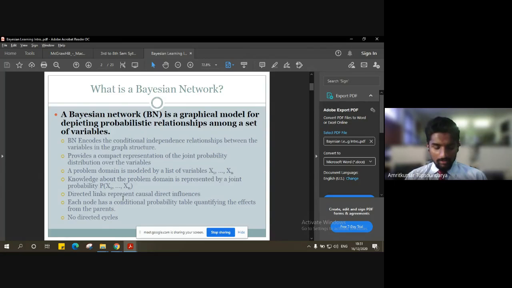See, we are talking about the probabilistic relationship, right? We are talking about probability, that is, the chances of having something. So the problems well suited for a Bayesian network are where we see some chances of something happening.